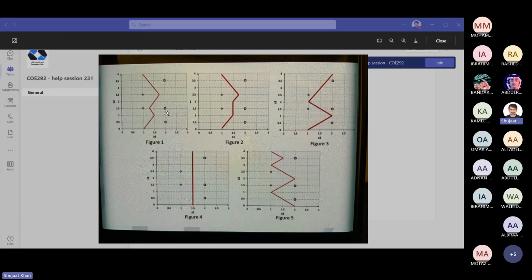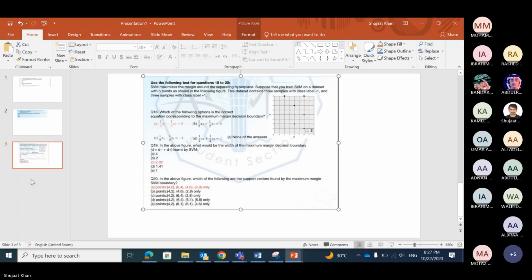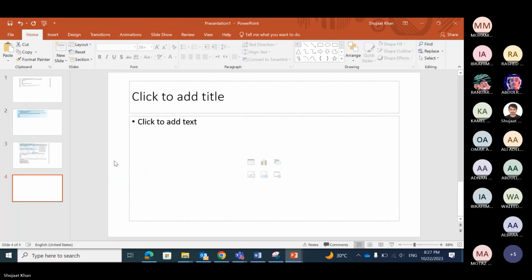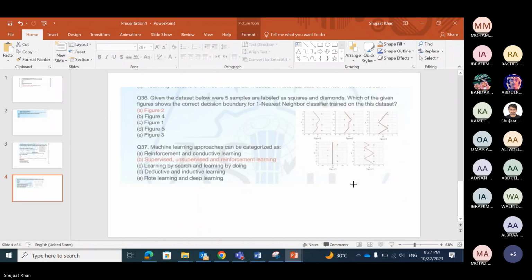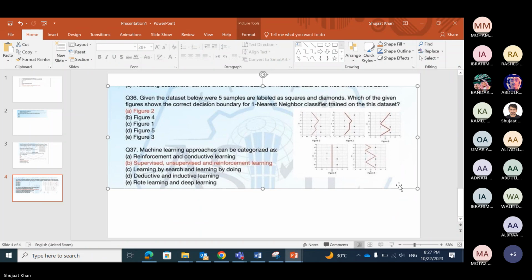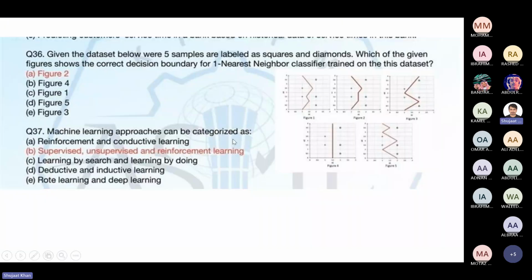So we have this question. This is the question, and this is the figure.